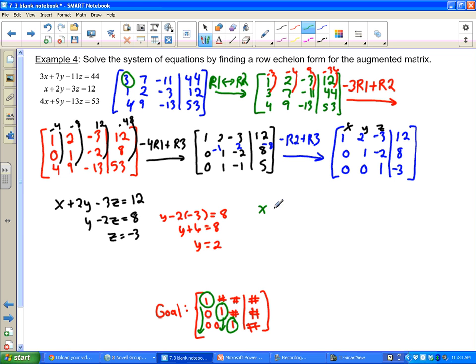So x plus 2 times 2 minus 3 times -3 equals 12. So 4 plus 9 is 13. So I subtract the 13 from both sides, and x equals -1. So this gives me -1, comma 2, comma -3.